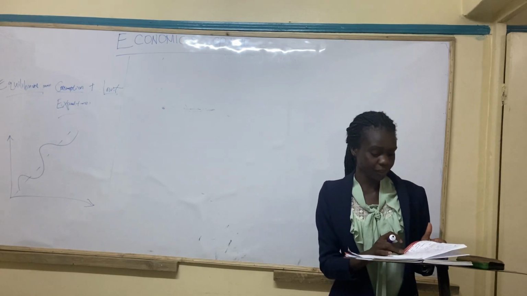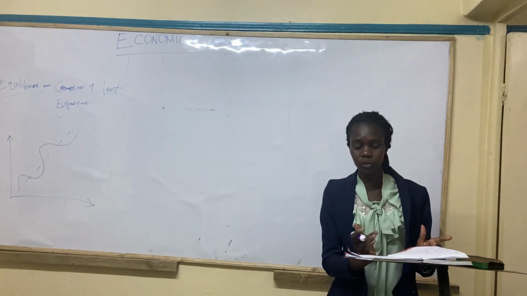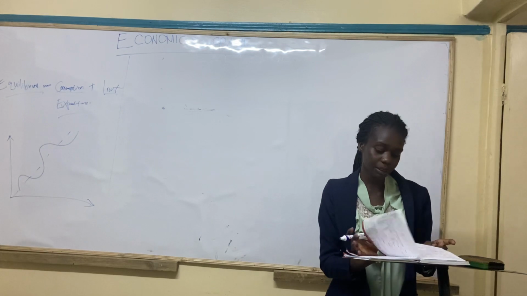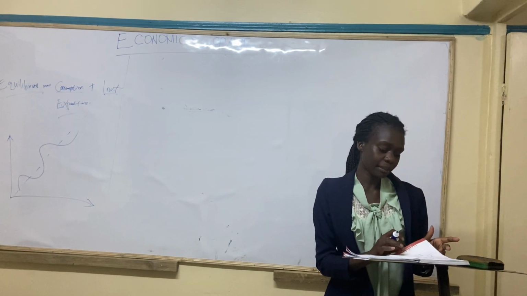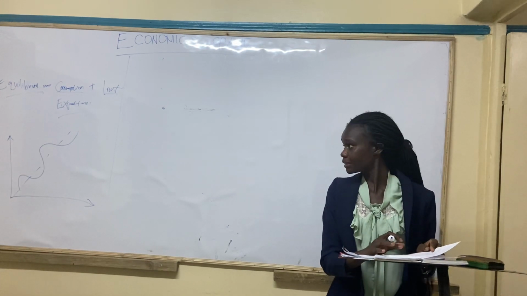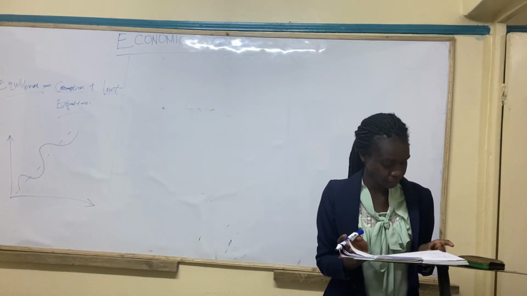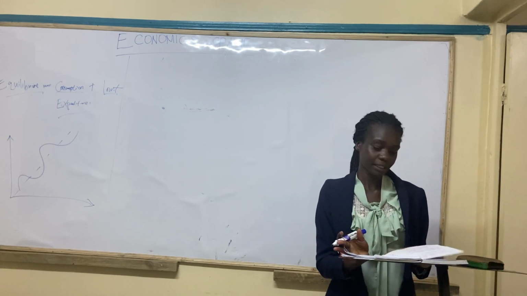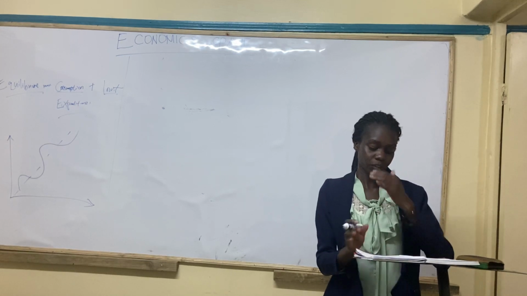You might also be asked to define what is consumption, what is savings, what is investment. The income models, we say there are 2 income models, the spendthrift and frugal economy. So that's all about national income, and we are done with topic number 4.